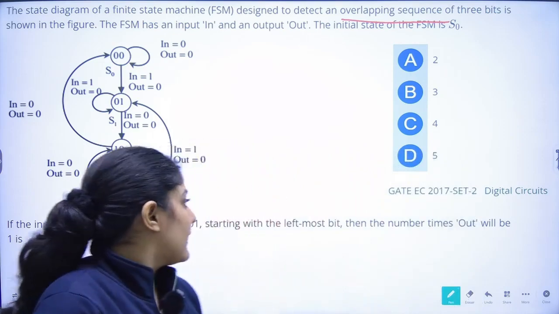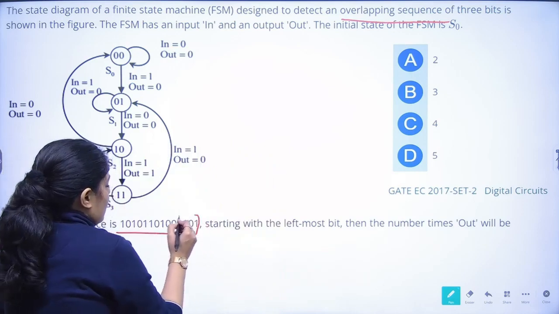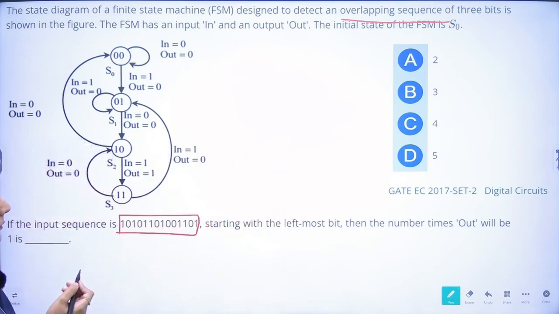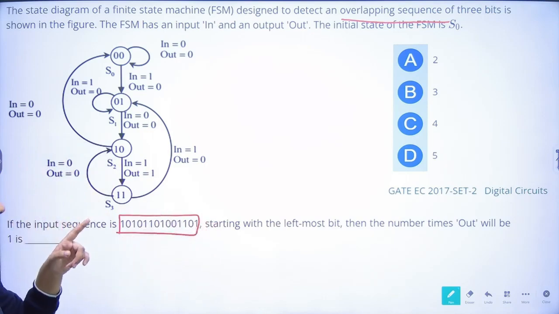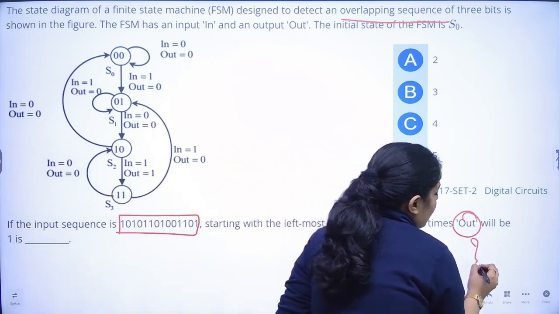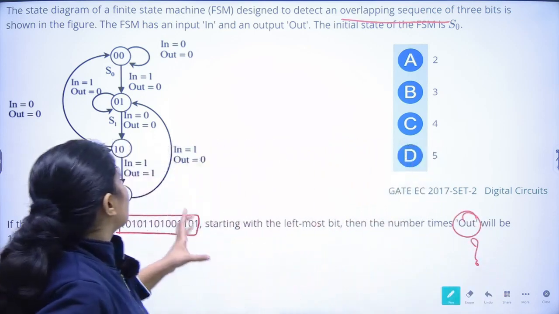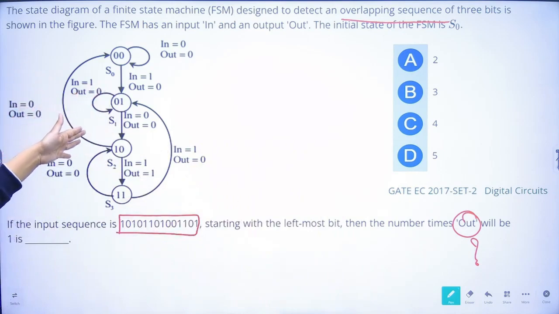Now it says that a sequence is given to this FSM, starting with the leftmost bit, and they are asking how many times out will come out. First we have to see what sequence this FSM is detecting.